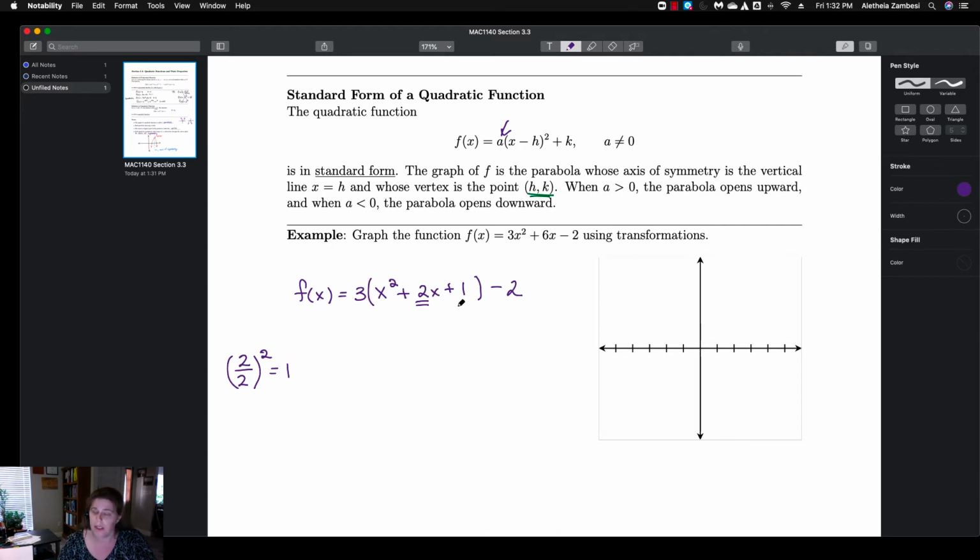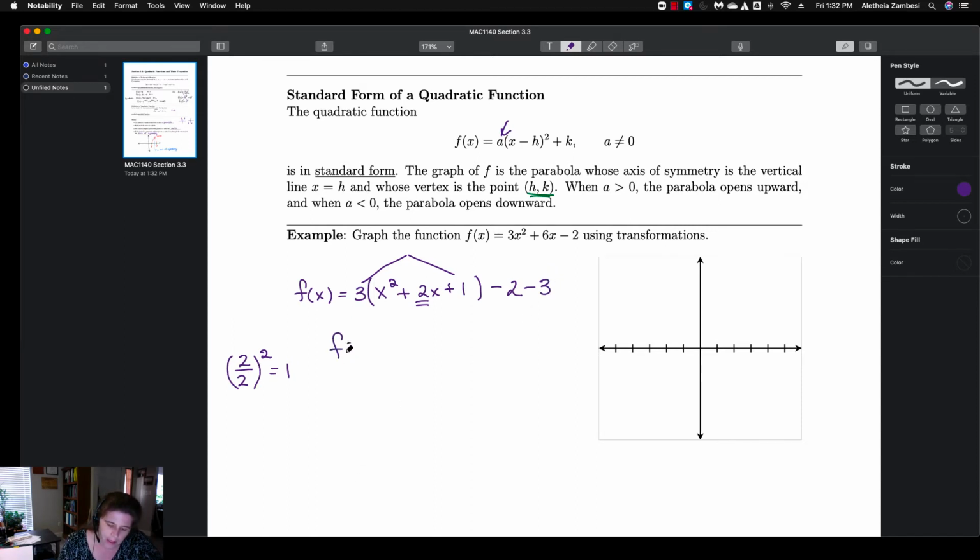When you only have one side of the equation, then whatever you add to one side, you also have to subtract from the end. So if I'm adding 1 here, be careful because what I'm actually adding is 3 to the equation because I have that 3 pulled out of the parenthesis. So I'm adding 3, which means that I have to also subtract 3.